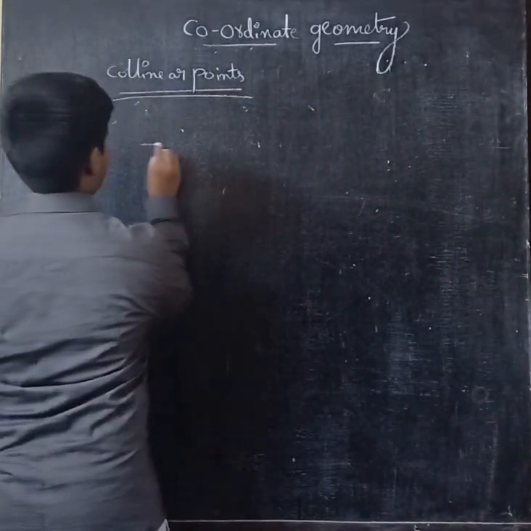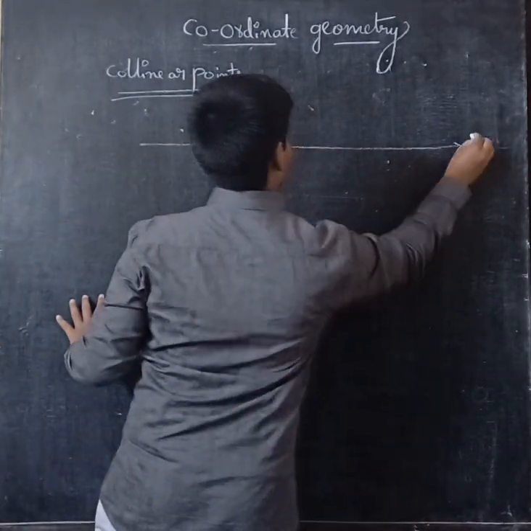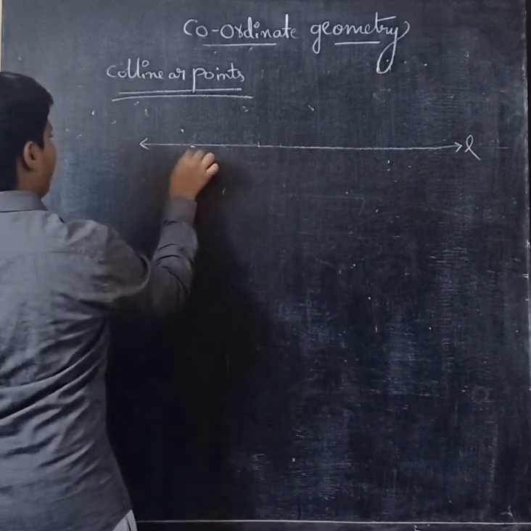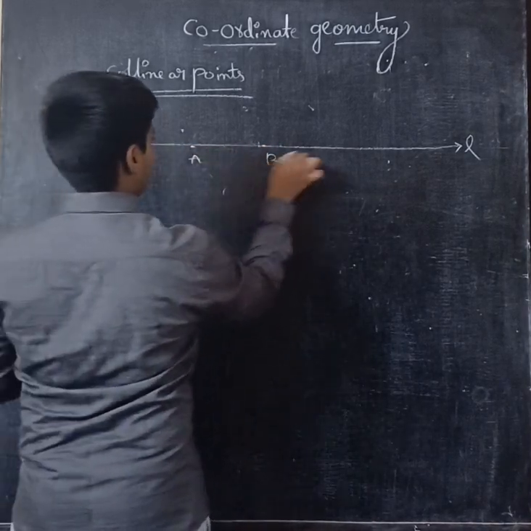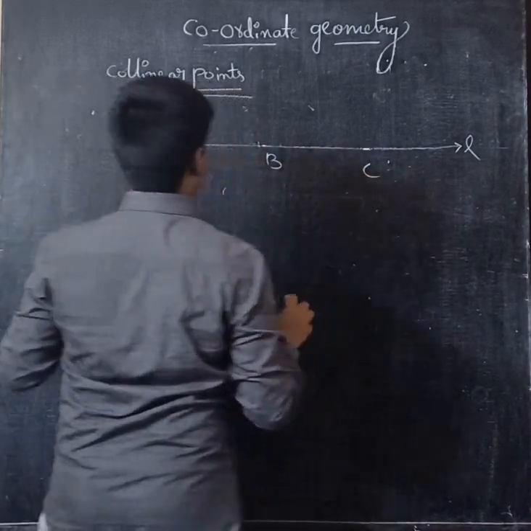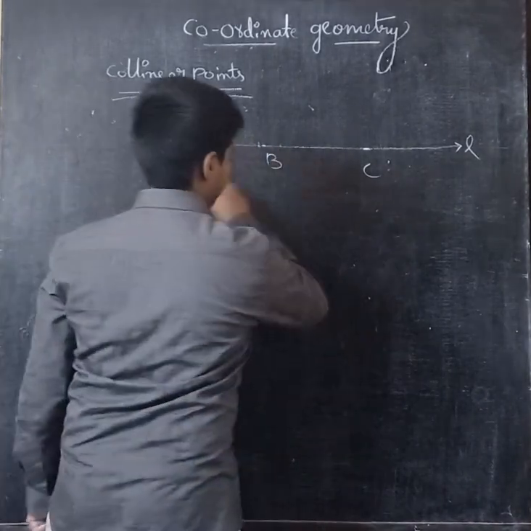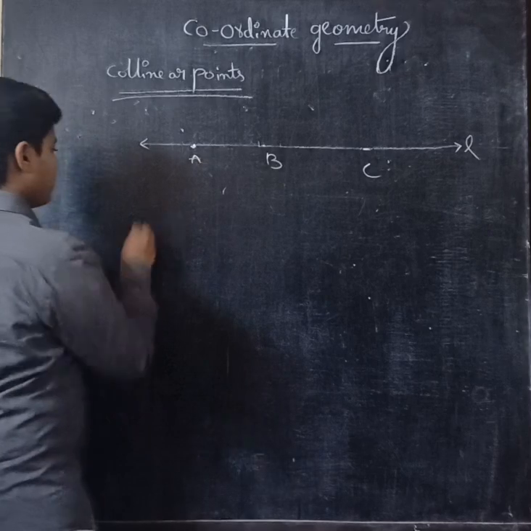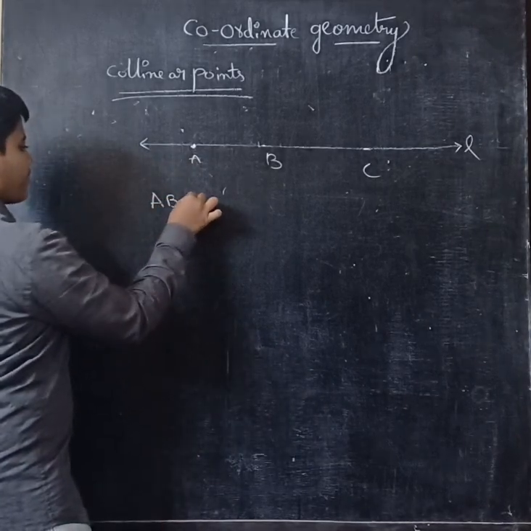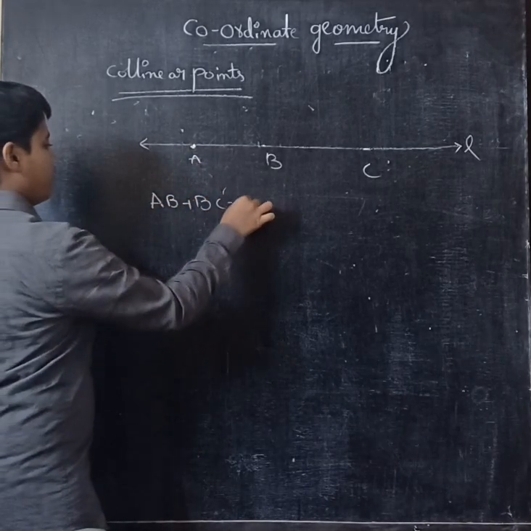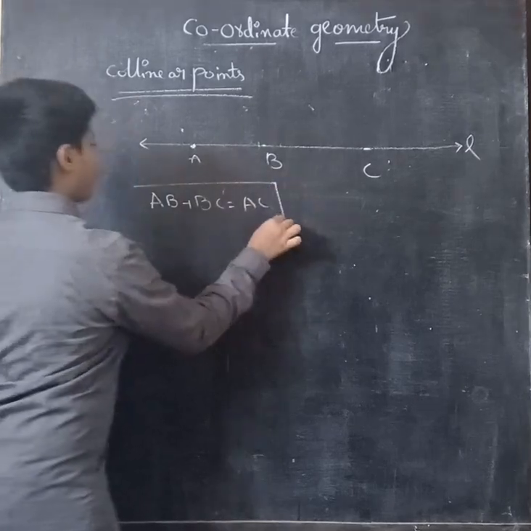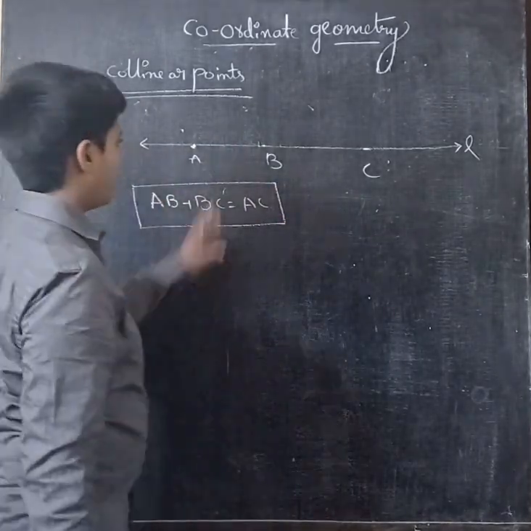And if I take a line like this, line L, here point A, point B, point C. How to say these 3 points are collinear? AB plus BC is equal to AC. By this we can say they are collinear points.